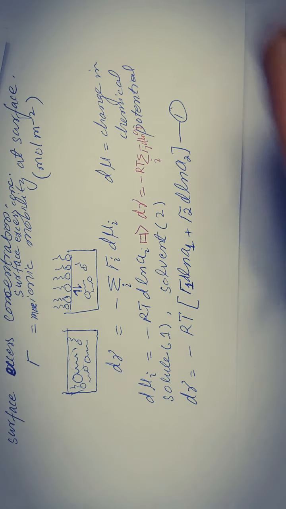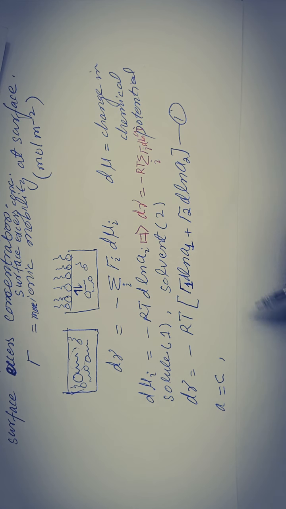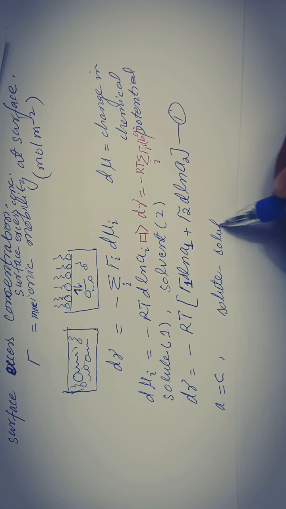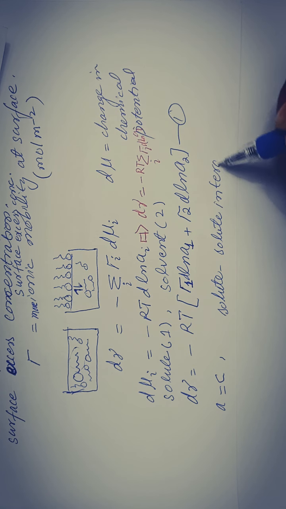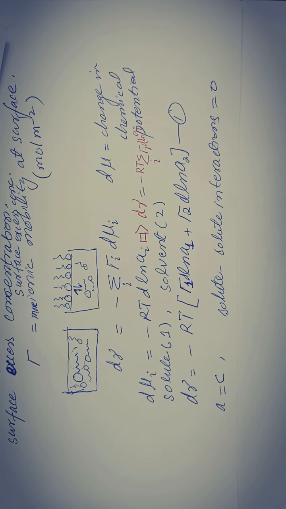Now assume that the activity is equal to concentration. Why? Because we can assume that the solute interactions are 0, and for this kind of interaction the activity coefficient is maximum, that is controlling the value of activity, which is the product of activity coefficient and concentration.